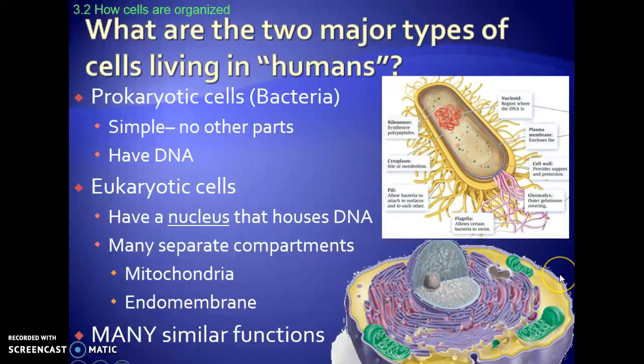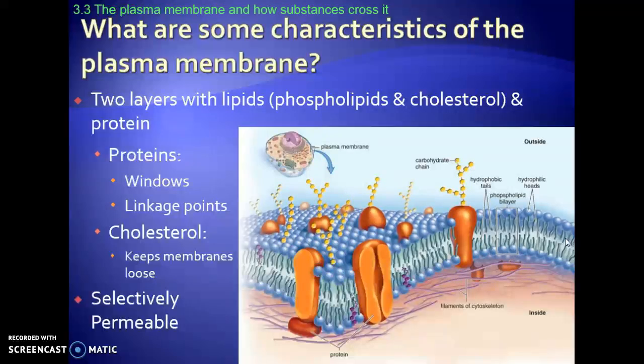The eukaryotic cells have many similar functions between what type of cell you're looking at, and then when you compare the eukaryotic cell to the prokaryotic cells, you also have similar functions between the two different types of cells. Alright, now, the plasma membrane is the two-layer of lipids that are going to surround the cell.